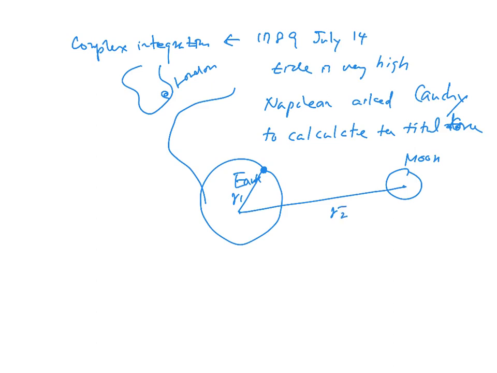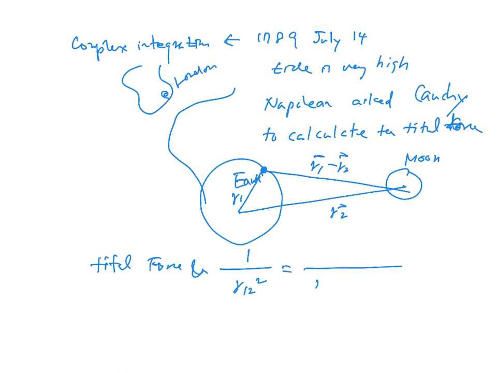This is R2. And so this is R1 minus R2, right? So the gravitational tidal force is proportional to R12 squared, right? R1 squared plus R2 squared minus 2 R1 R2 cosine theta.